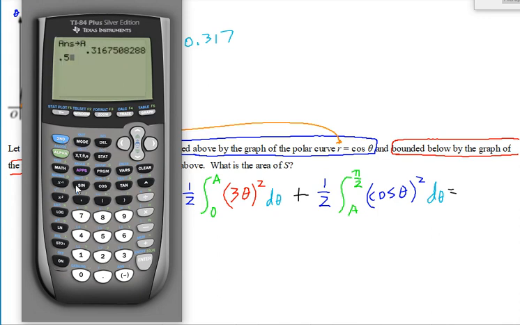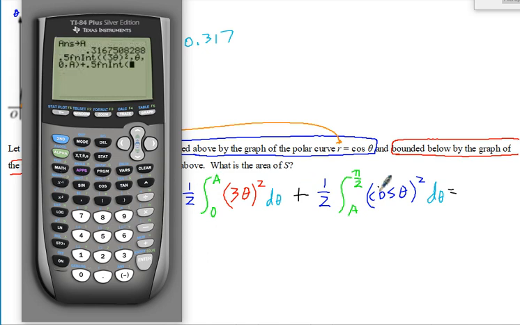So then you go math 9 function integrate, and you can either write it this way with parentheses 3 theta close parentheses squared, or you could actually square it out as 9 theta squared without the parentheses. Either way is fine. Comma, thetas are variable, comma lower limit 0, comma upper limit alpha a. And then close parentheses on the integral plus 0.5, and the other one math number 9.